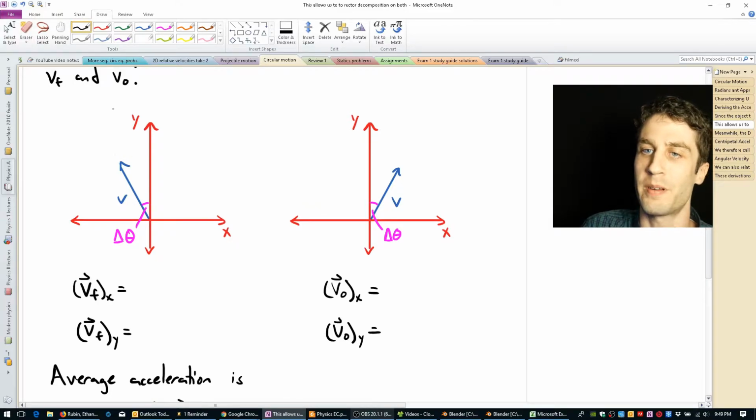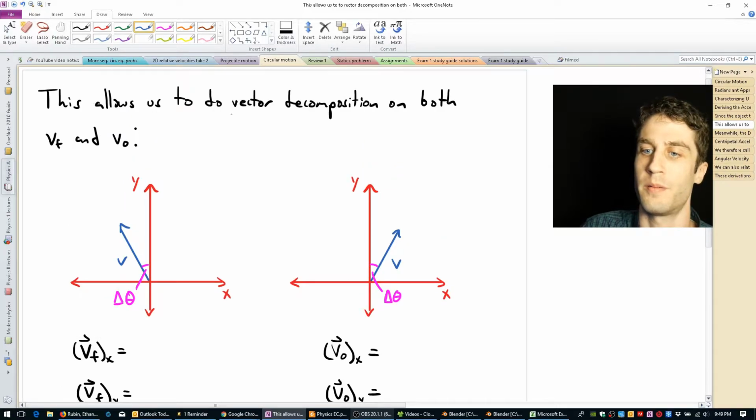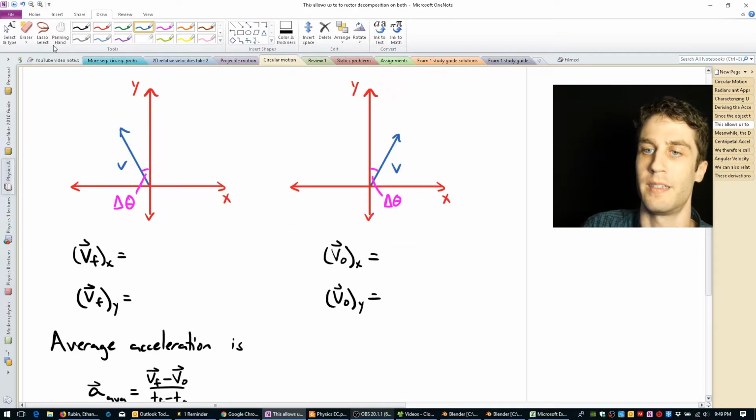So the x component of v final is this component, which is opposite our angle delta theta. And is it positive or negative? Negative, it's in the negative x direction. Magnitude of the vector is v. Sine or cosine?